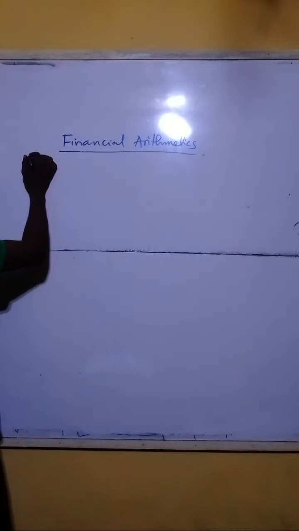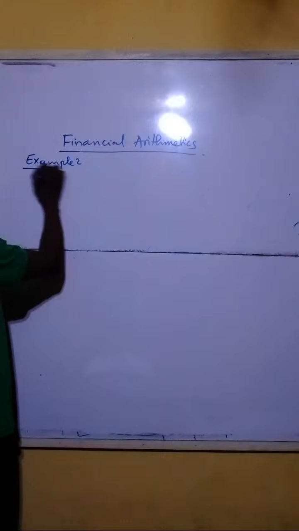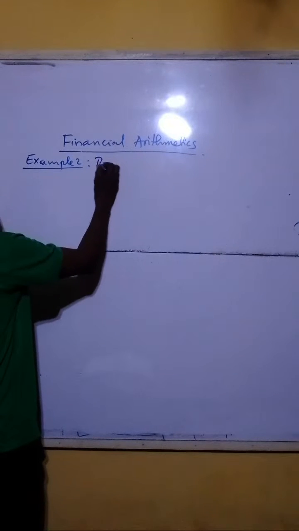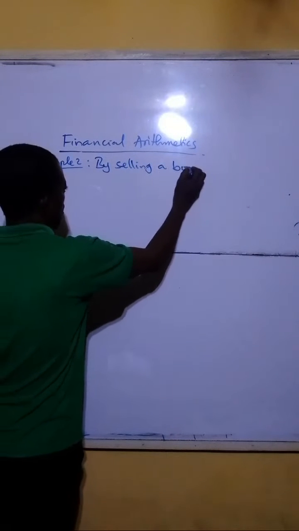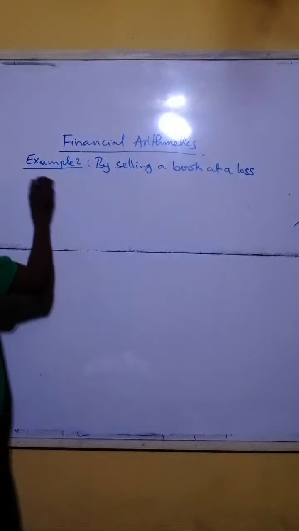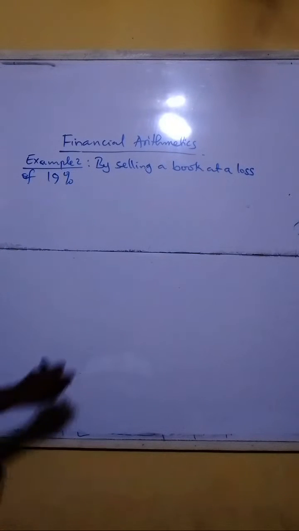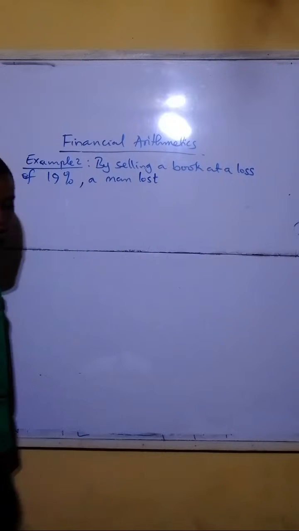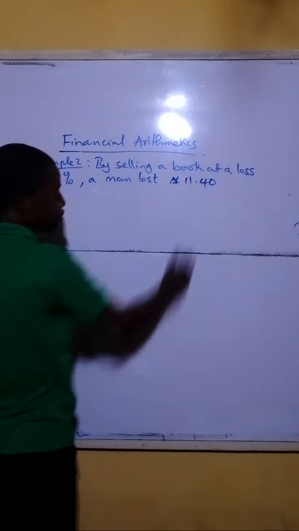The next question, example 2: by selling a book at a loss of 19%, a man lost 11 naira 40 kobo.